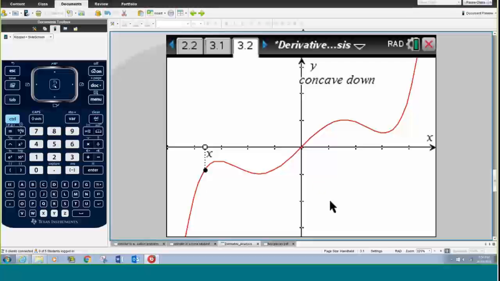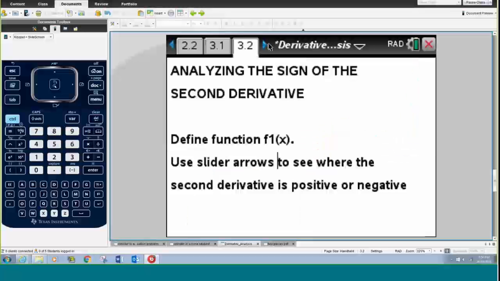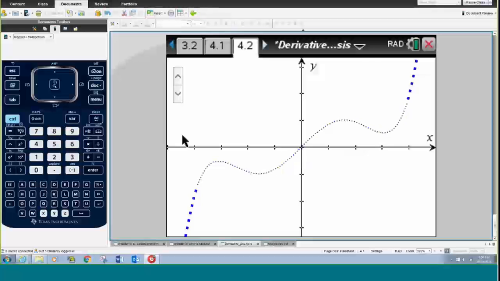So again, if we drag point X, we can see concave up and then concave down, and we similarly have a slider here where we can say, if I go here, this part of the graph is concave up, this part of the graph is concave down, and then we have stationary and non-stationary points of inflection where they join.